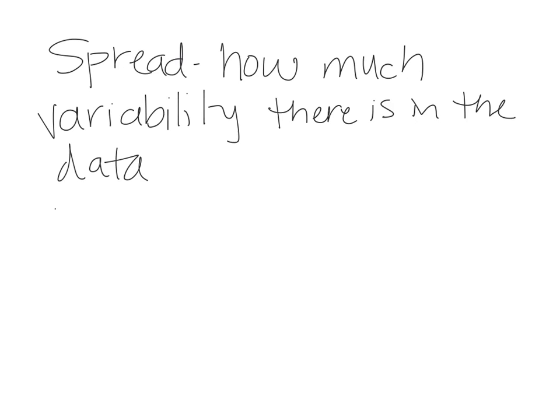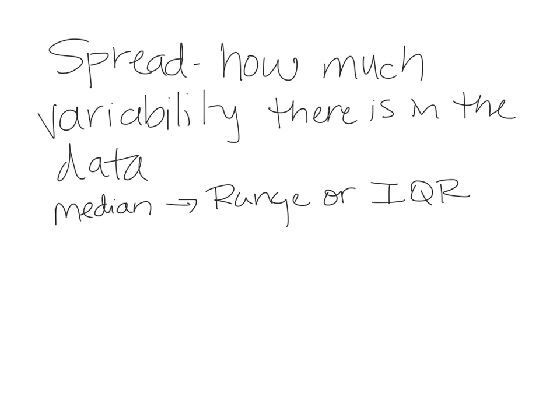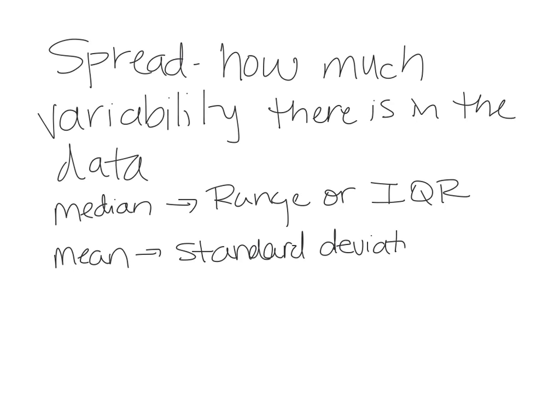So when you use the median for the center, you use the range or the IQR, which again is the interquartile range. And with the mean, if given enough data, you're going to use the standard deviation, which is the average distance something is from the mean. So we just need to know that for right now, and we'll go from there.